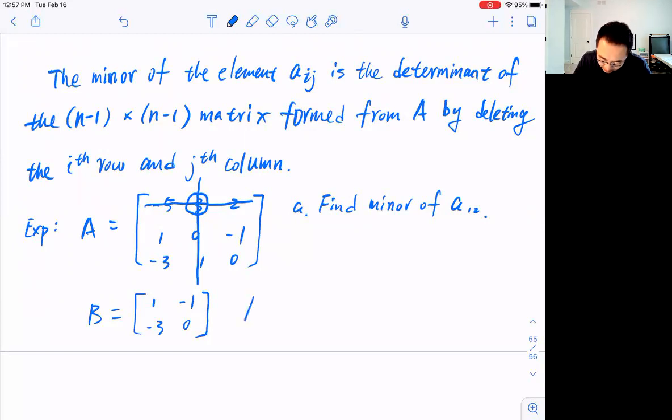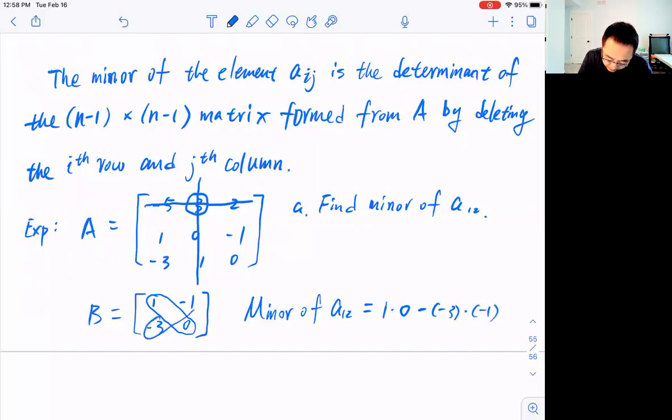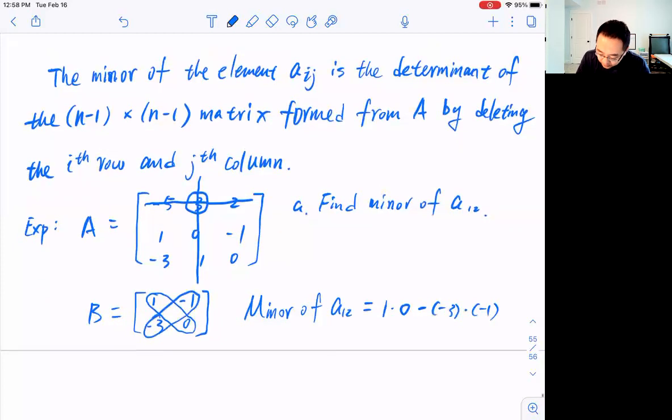That equals 1 times 0, the product of this diagonal, minus -3 times -1, the product of this diagonal. And if you do that, this equals 0 minus +3, which is -3.